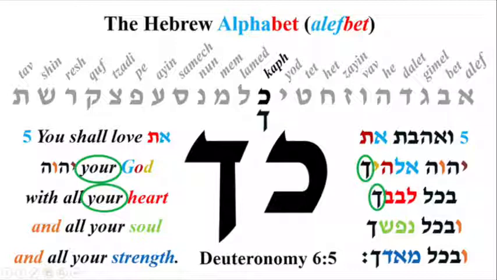Next is Nefesheka. Nefesh is soul. Nefesheka, it has a Kaph on the end, your soul. Okay? Ma'ad, strength. Ma'adeka, your strength. Very clever. To make something possessive, your, you put a Kaph on the end.